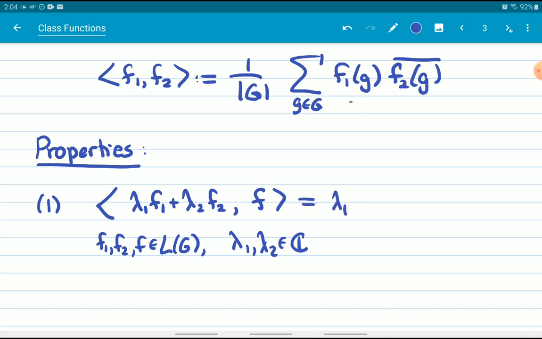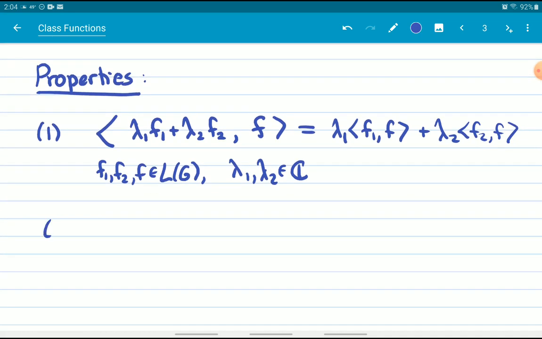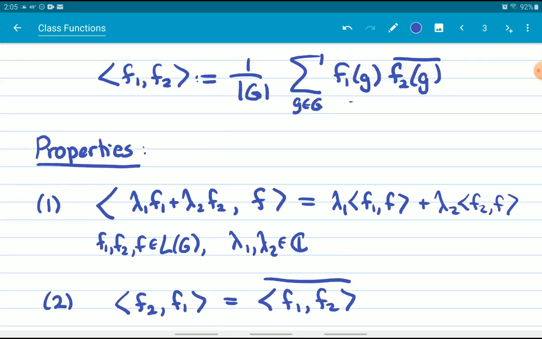So I get lambda 1 times the pairing of f1 with f plus lambda 2 times the pairing of f2 with f. Second of all, if I pair f2 with f1, that is, I change the order, it's not quite symmetric. Instead, I have to put in a complex conjugation. That just comes from that formula.